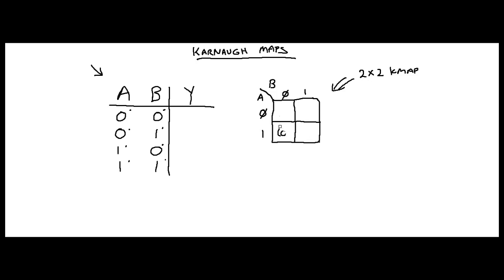And just erase this one. Now, let's say our truth table was this. Go ahead and pause the video and fill in your 2x2 K-map, and then turn it back on and we'll do it together.